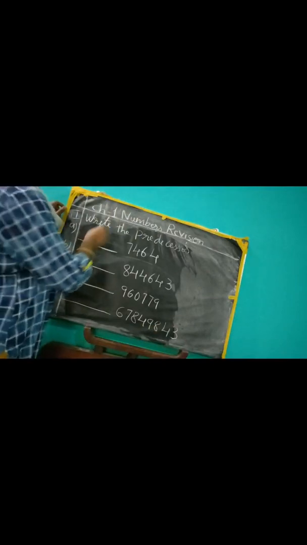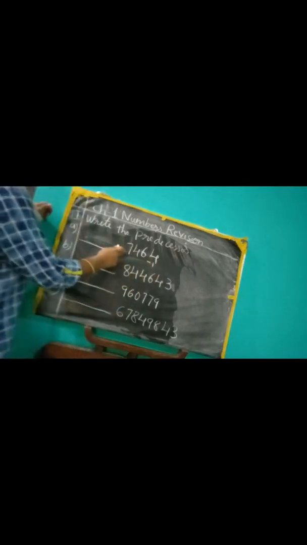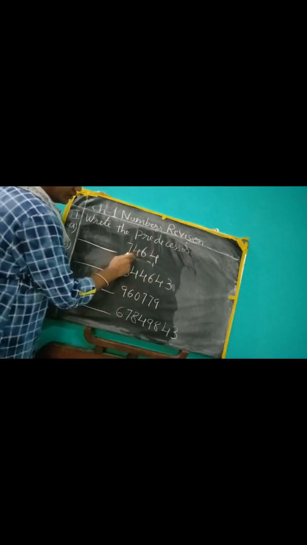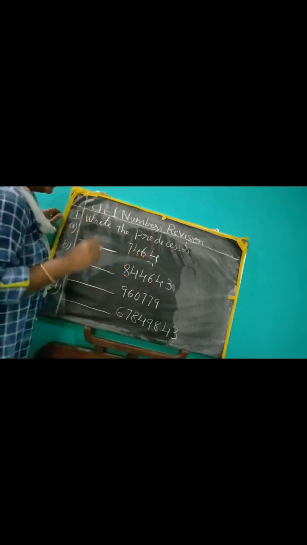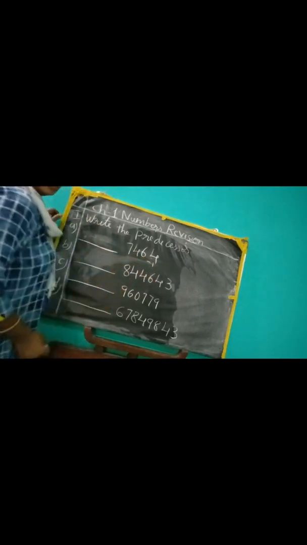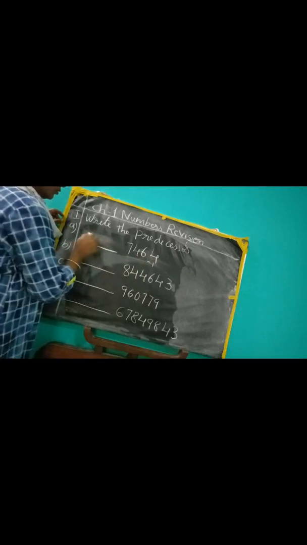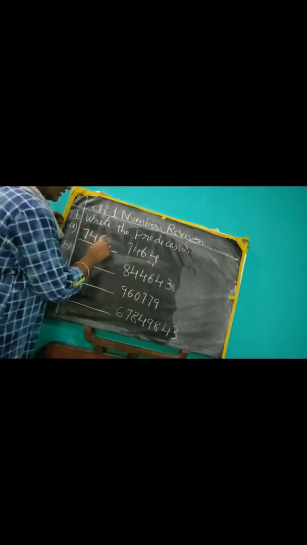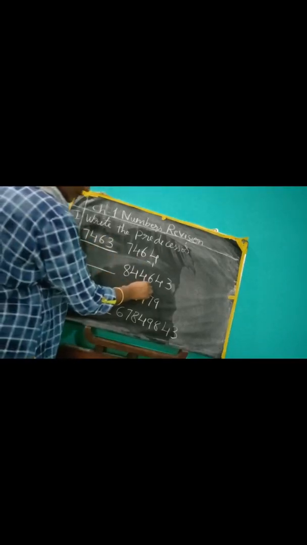You should minus 1. Where will you do minus 1? In the ones place only you should do minus 1. See here, 7,464 is there. In this number you should do minus 1. In the 4, 1 should be subtracted, and 3 will come. 7,463.